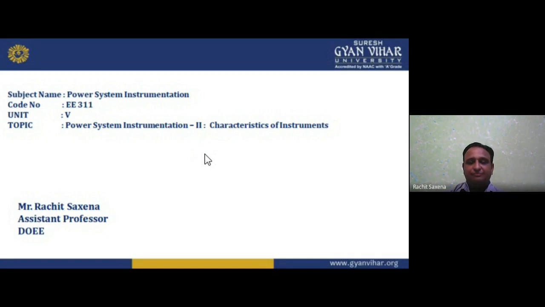We have different types of thermocouples, strain gauges, resistance temperature detectors, Hall effect for magnetic measurement, potentiometer, the pot in short form, and RTD, the resistance temperature detector. These all we have understood in unit number 2.